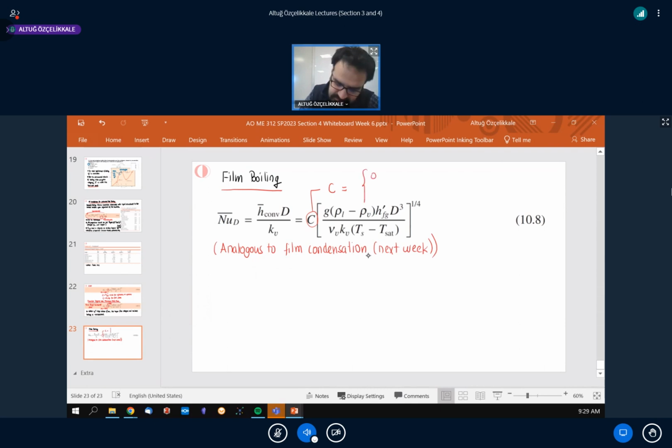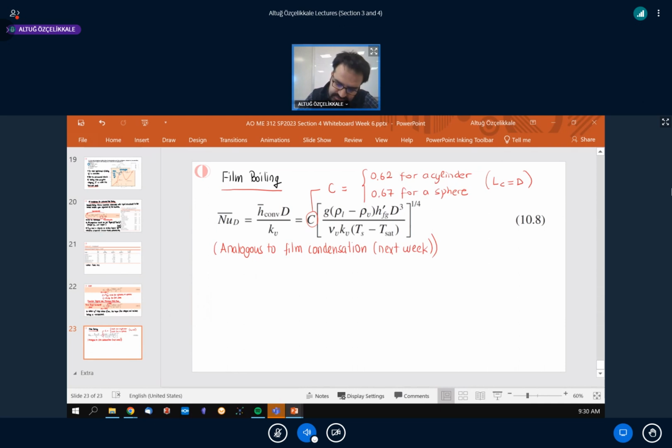It can be 0.62 for a cylinder and 0.67 for a sphere. And clearly the characteristic length here is D, the diameter of the sphere or cylinder.